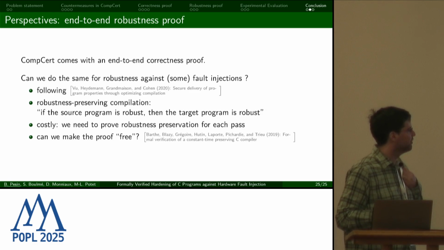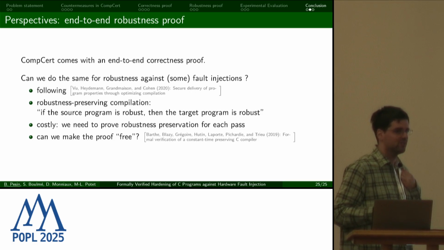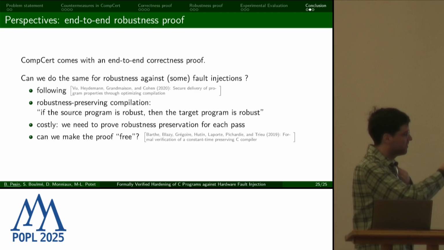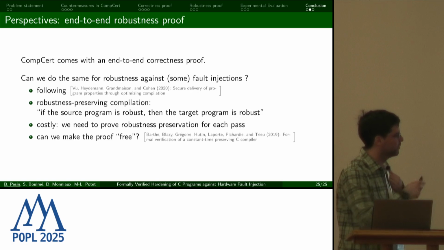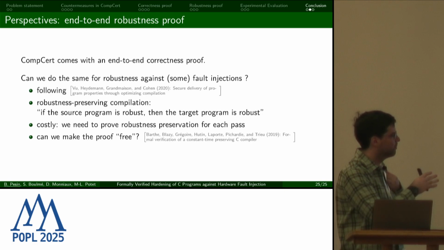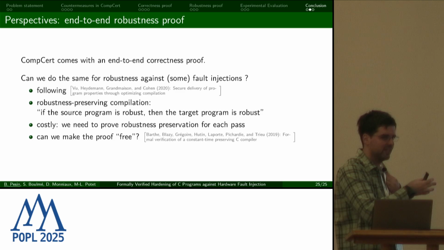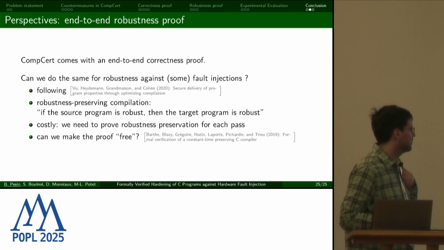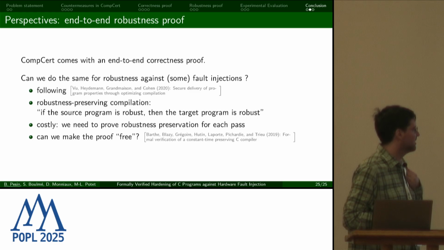And so there's a question if we can make the proof somehow free by integrating it with a robustness proof, maybe somehow following the approach described in this paper, which was more focused on the proof of preservation of the constant time property inside CompCert. But we're not completely sure yet that their approach applies to our work, I mean, to the question of robustness against fault injection.